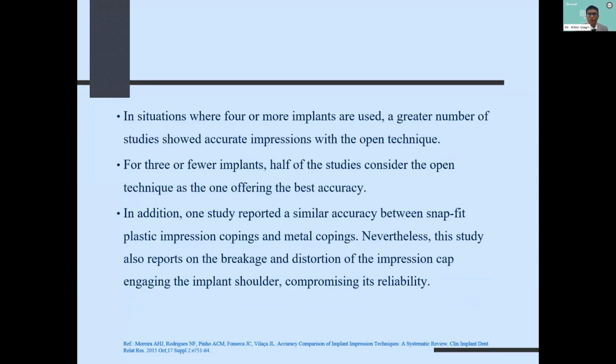In situations where 4 or more implants are used, a greater number of studies showed accurate impression with open technique. For 3 or fewer, half of the studies consider open technique as one of the best offerings, or you can also use the closed. In addition, one study reported a similar accuracy between snap fit and metal copings.